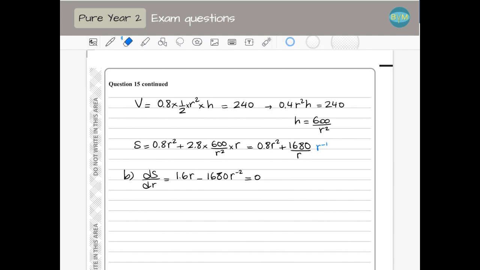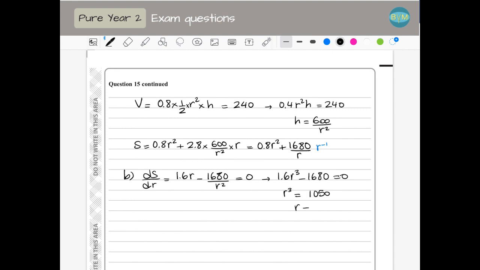I think it's easier if we write r in the denominator to solve the equation. I think you are going to see it better. So what I'm going to do is multiply by r squared. So I have 1.6 r cubed minus 1680 is 0, which means that r cubed is going to be 1680 divided by 1.6, which is 1050.